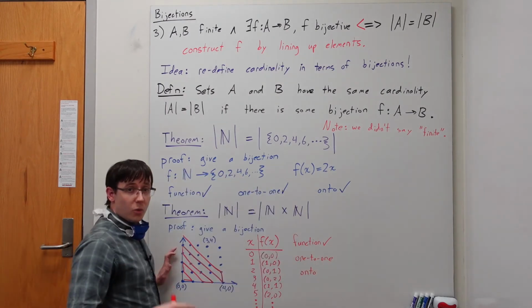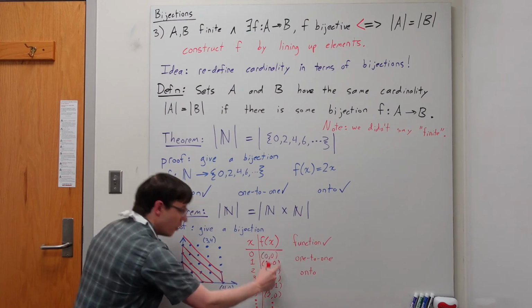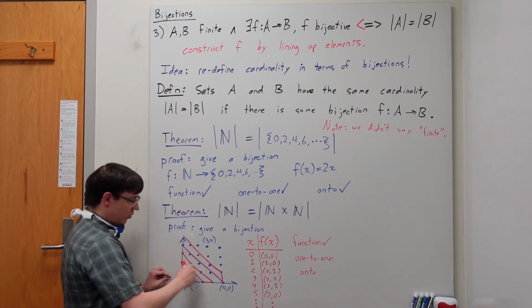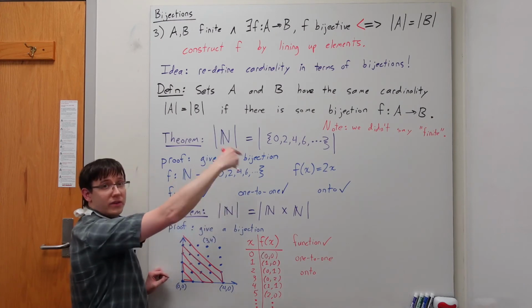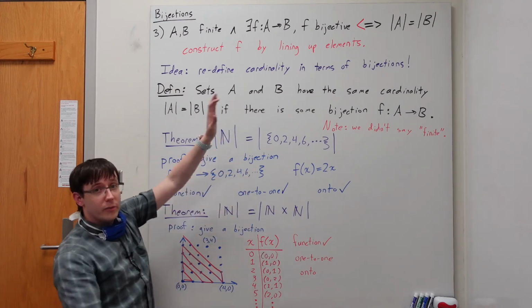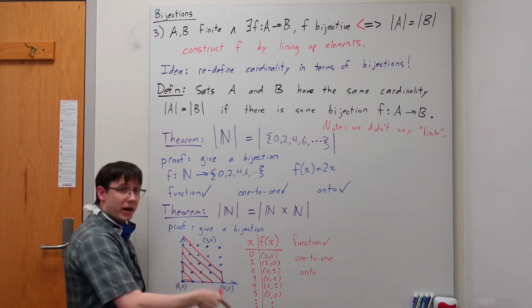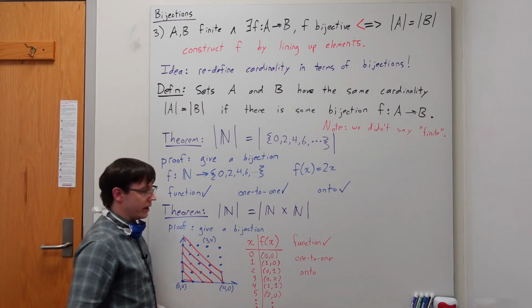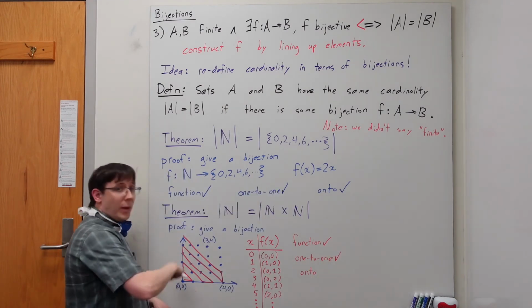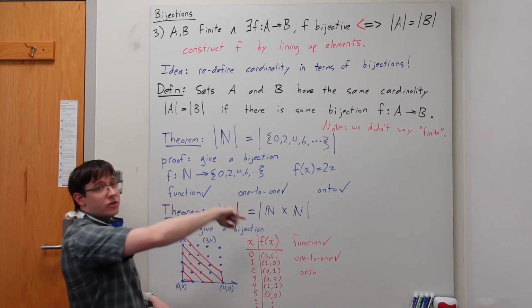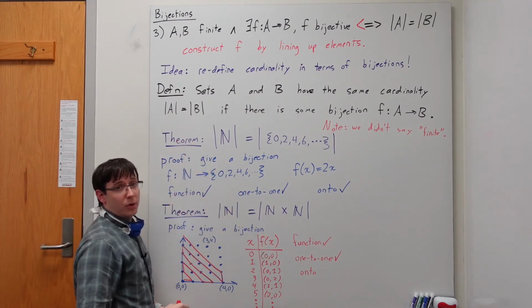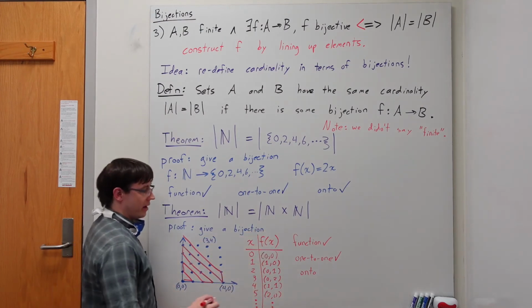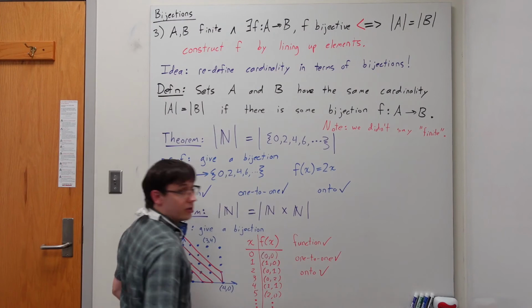For it to be one-to-one, it must be the case that no pair appears more than once in the right-hand column, but as we follow this path, we're always getting progressively further away from the origin. We're never coming back, and so we're never going to repeat a pair, and so nothing is going to appear twice. And if we follow this path far enough, we will eventually get to any pair of natural numbers. So, since every possible output eventually appears, this function is also onto.